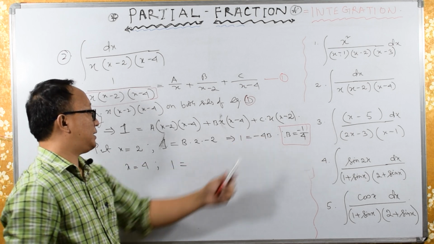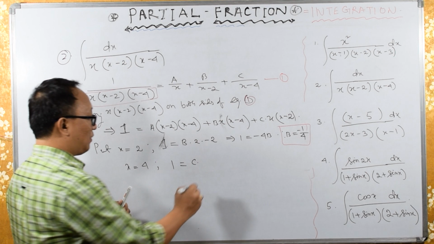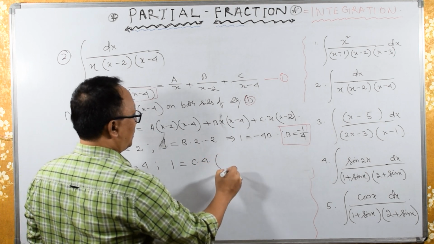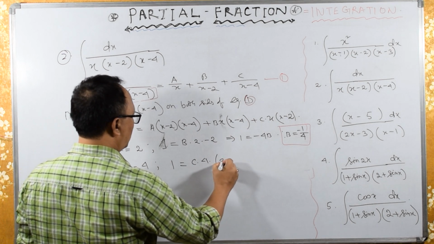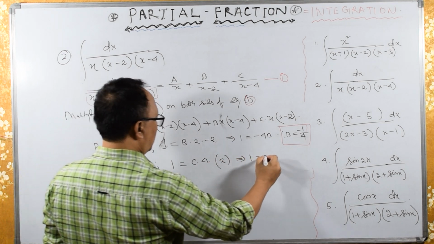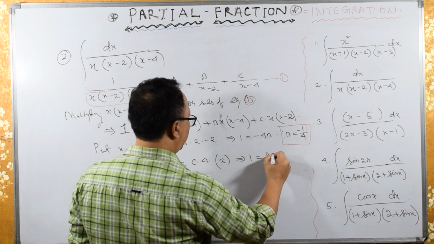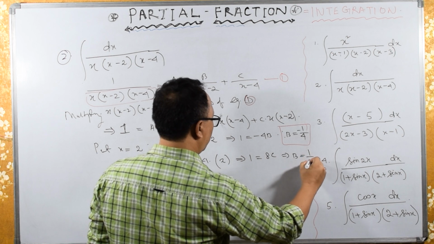So I will have c into, substituting x equals 4, 4 into 4 minus 2 is 2. This implies 1 equals 8c. Therefore c equals 1 by 8.